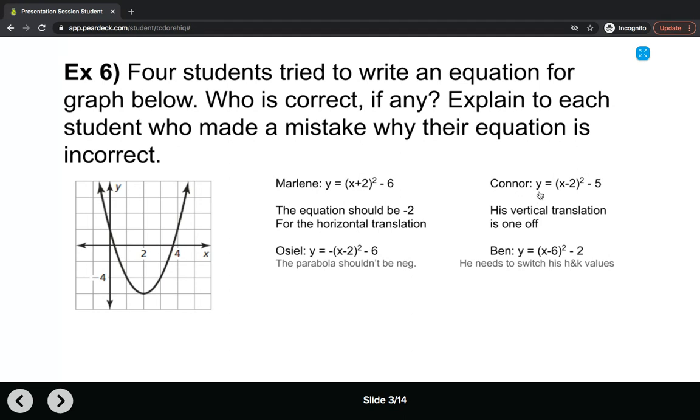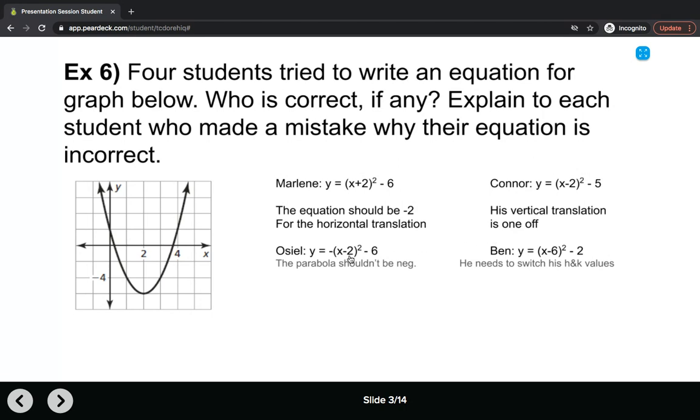Connor made the mistake in that he didn't catch that the scale factor for this y-axis was 2. So really, that value should be -6, not -5. So he was off by 1 in his vertical translation. OCL was very close with his.